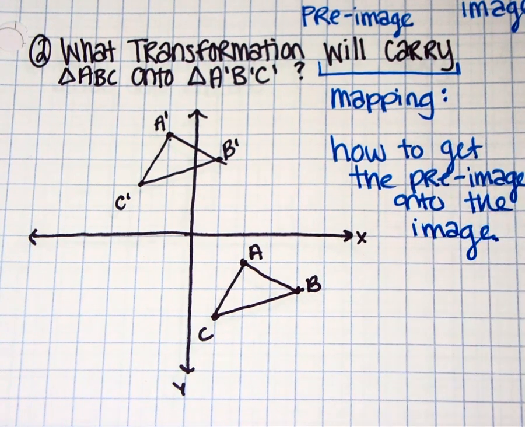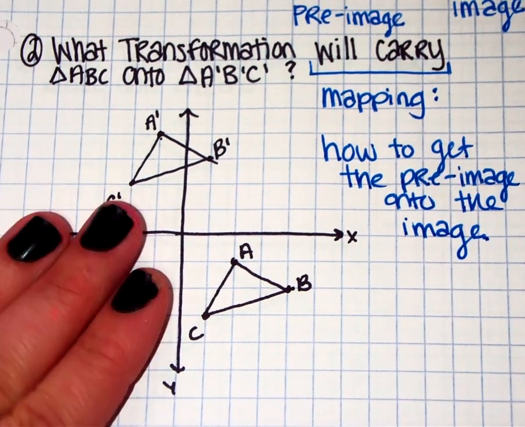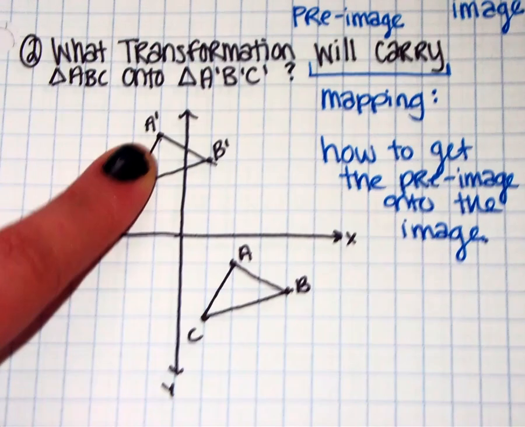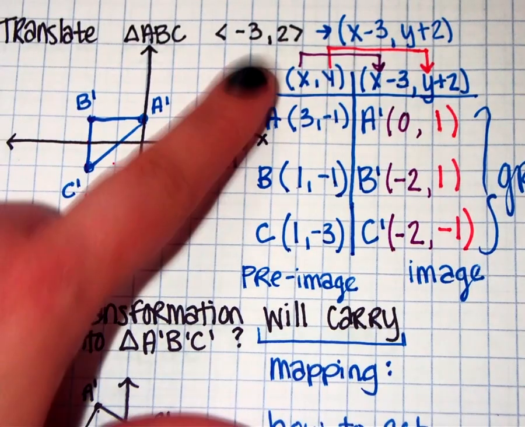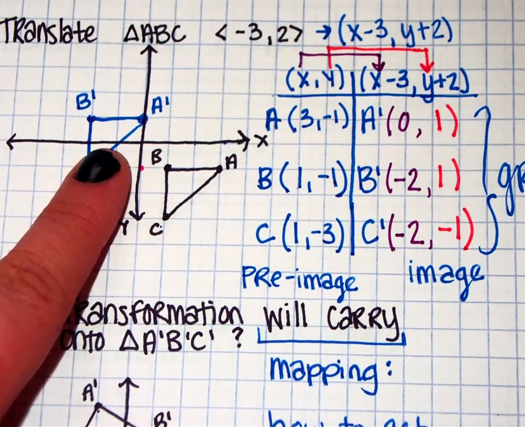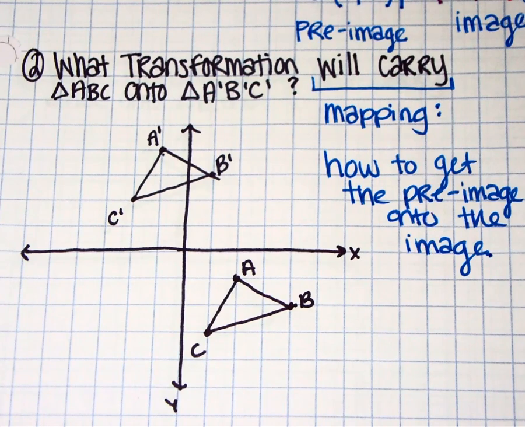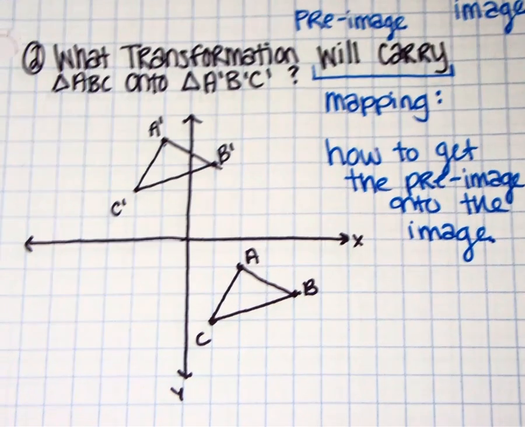So the difference between what we just did and this problem is in this problem, you're finding the rule. In the one above, I gave you the rule and you're applying it. Down here, you're determining the rule yourself.